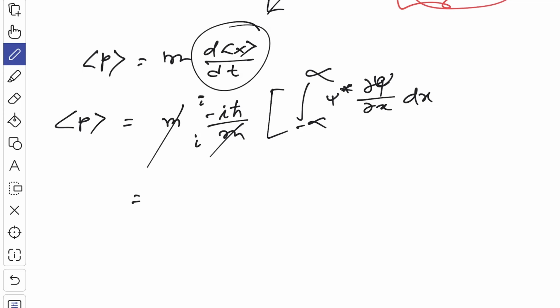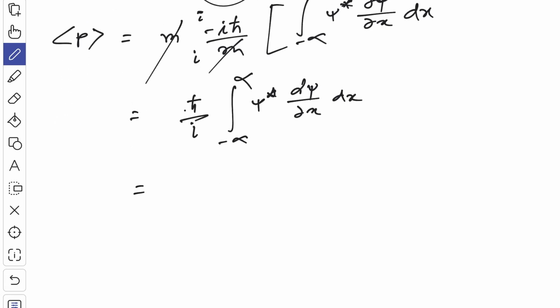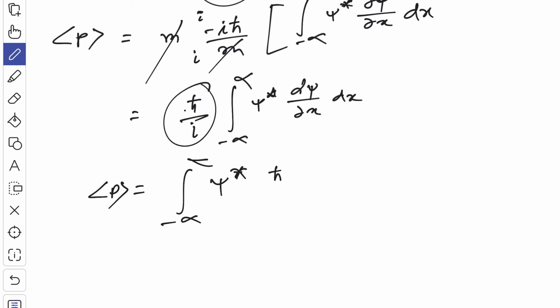Then you can write here, this is h cut by i, this minus sign will be plus now, integral from minus infinity to plus infinity of psi star del psi by del x dx, and it can be rearranged as the integral from minus to plus infinity of psi star, as this part is constant, so you can write here h cut by i del by del x psi dx.